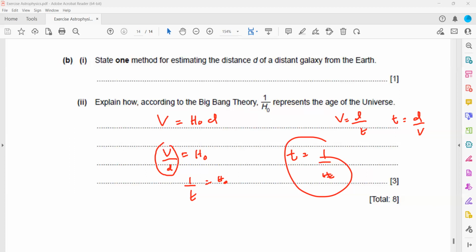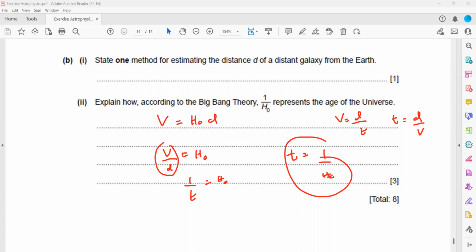As a result of the explosion, the galaxies and everything move away from each other with a speed v and distance d. And the reciprocal of the Hubble constant is equal to the age of the universe.